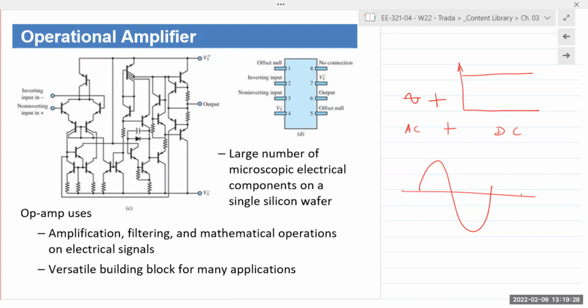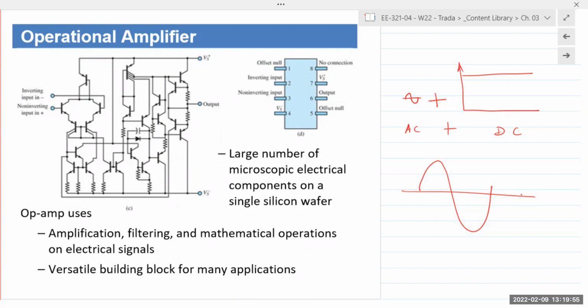What the active filter does is it performs the task of electronic filtering, and it also provides gain. One application in consumer electronics is the graphic equalizer. If you've ever seen a boombox with manual sliders, right? That's an example of an active filter. Okay, that's an active bandpass filter.